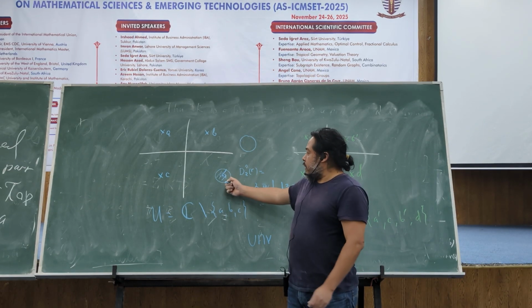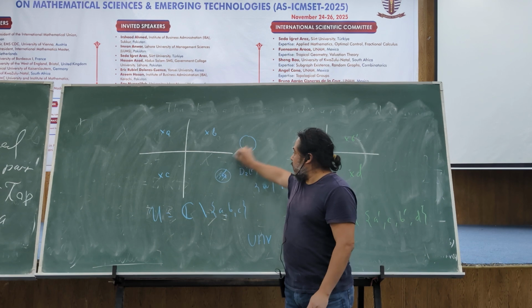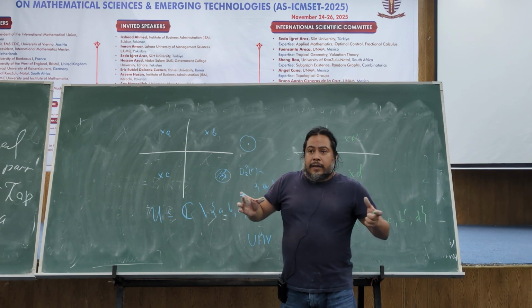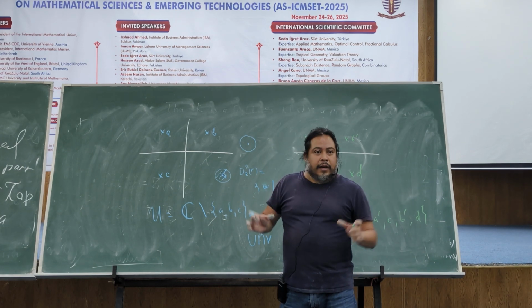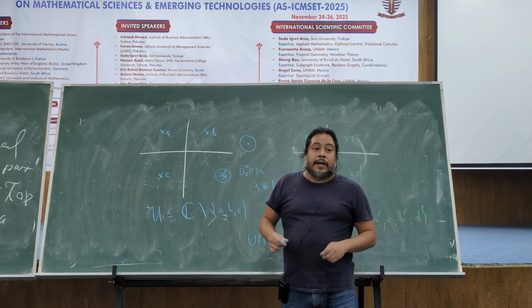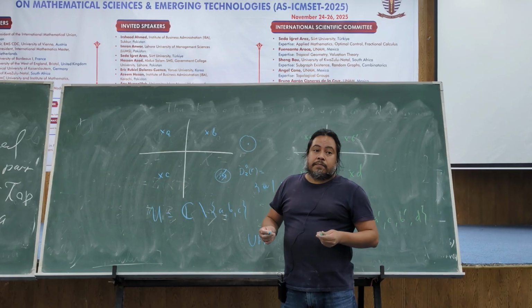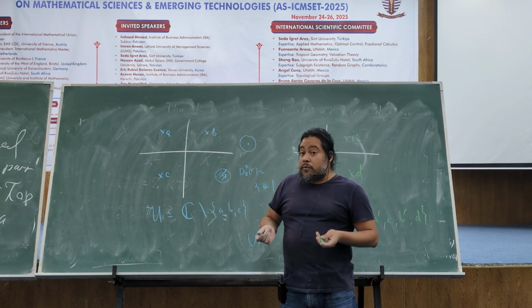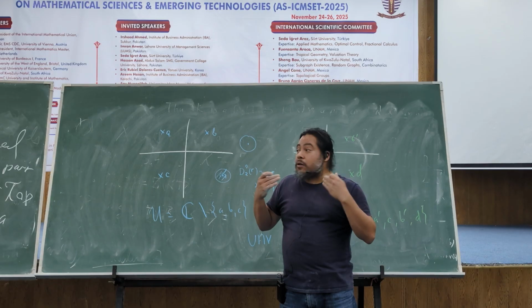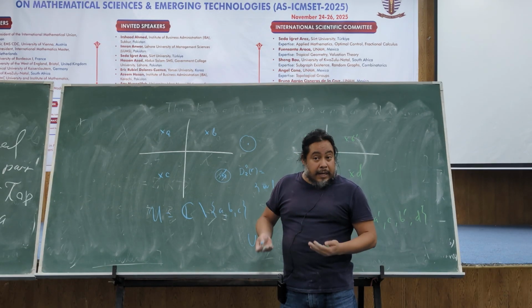If the distance between the centers is larger than the sum of the radii, then the intersection of these two disks is going to be empty. Can we do the same for the Zariski topology? The answer is no. But I need you to be convinced by that.